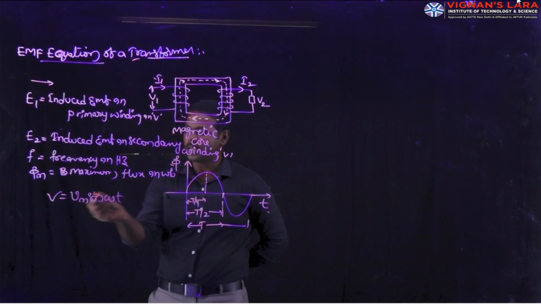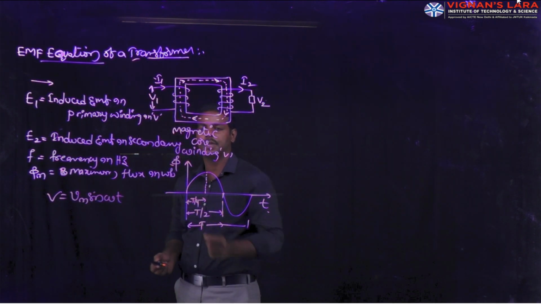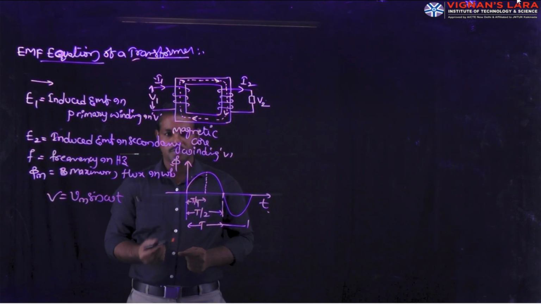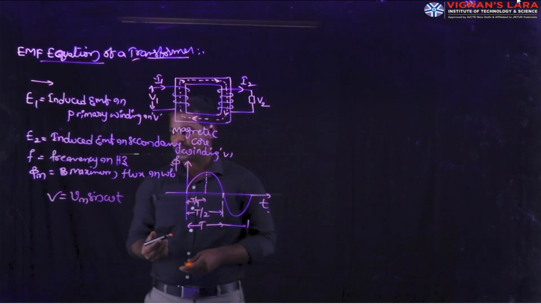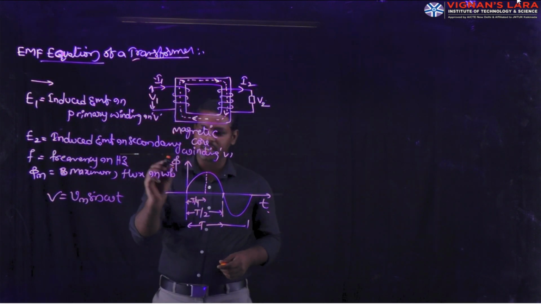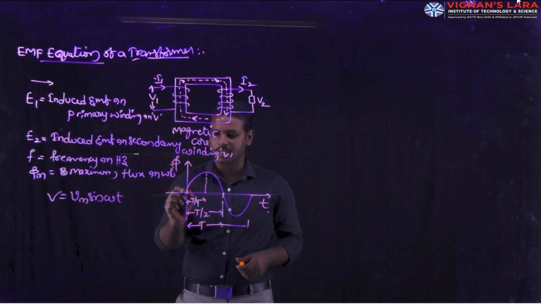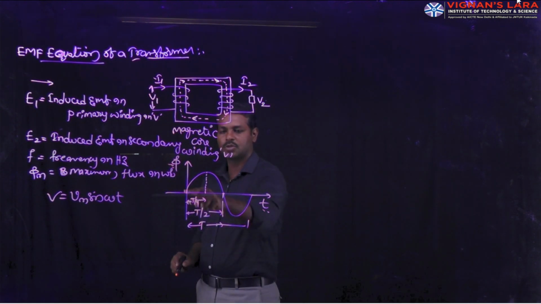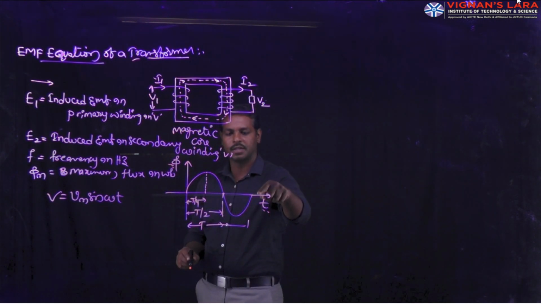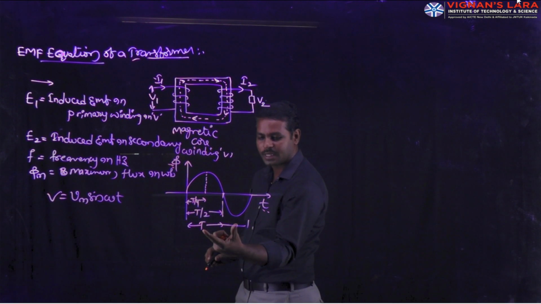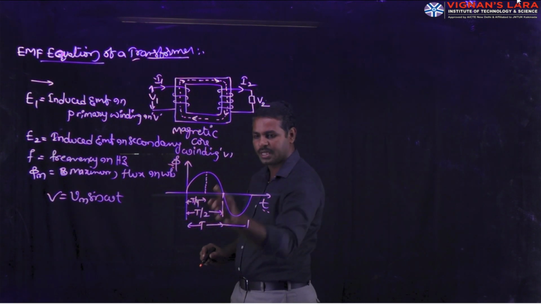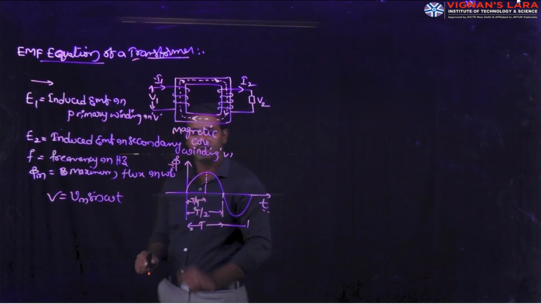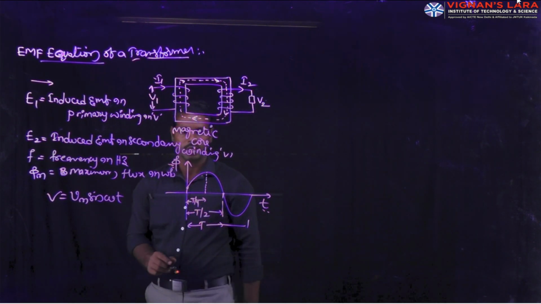This voltage is directly given to the primary, which generates the flux, so the flux is also a sinusoidal quantity. Therefore in the flux versus time characteristics, over the positive and negative cycle, the time period of one cycle is capital T, half of the cycle is T by 2, and a quarter cycle is T by 4.